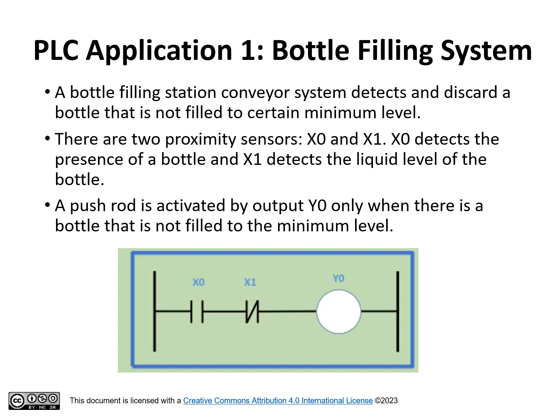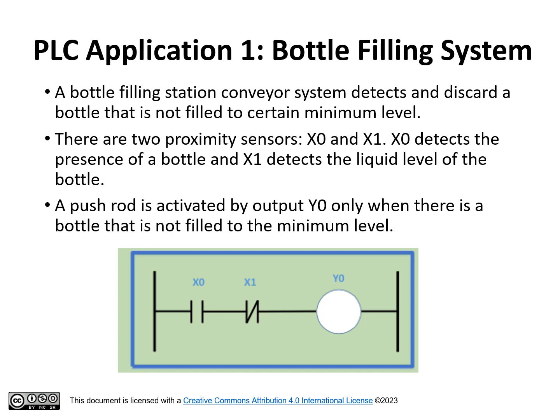When a bottle gets in sight of the bottle detecting sensor, X0 turns on. At the same time, another sensor checks the liquid level. If the liquid level satisfies the minimum level requirement, the sensor turns on X1.